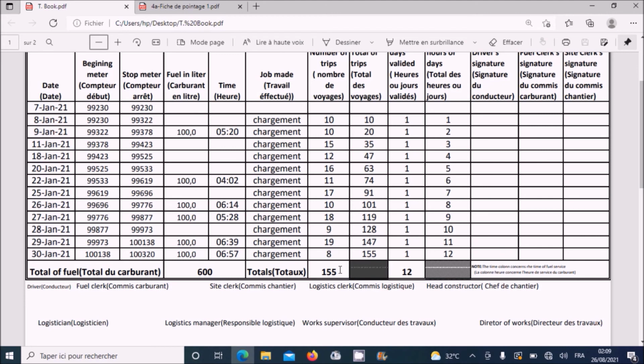Here we have the total of the trips. So this total is the same here. Here also we have this one, it is the same here. So 12 days validated. And the note here below means that the time column concerns the fuel service time.